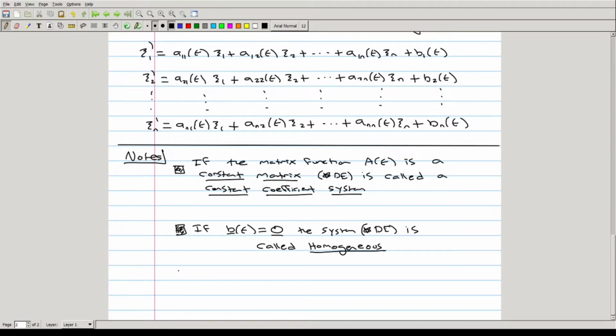And likewise, if b of t is non-zero, the system is called inhomogeneous.